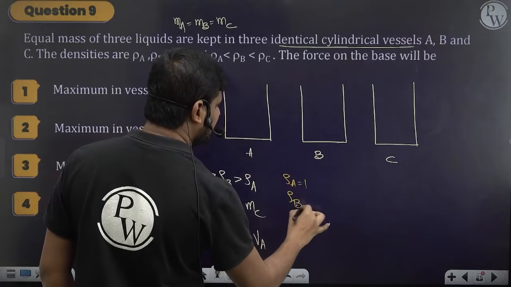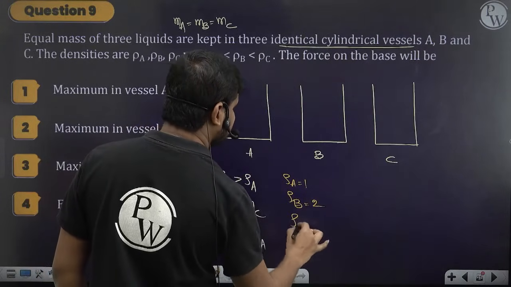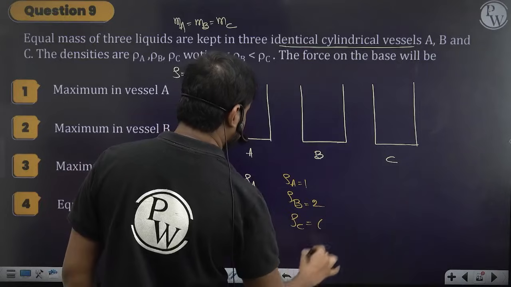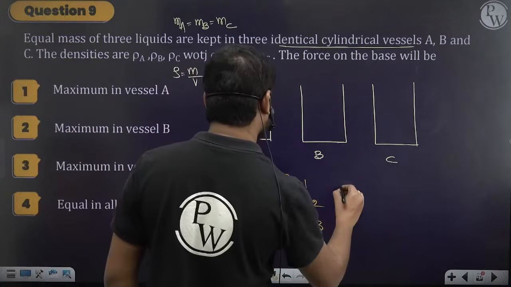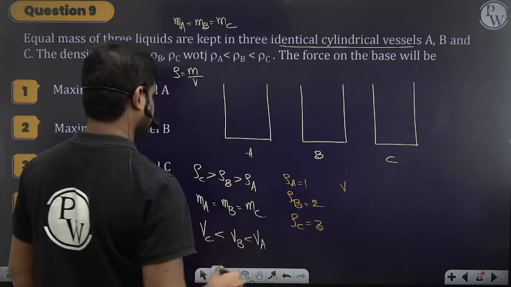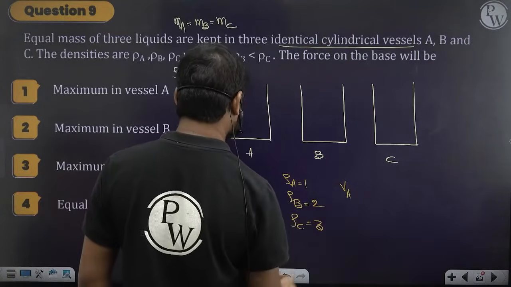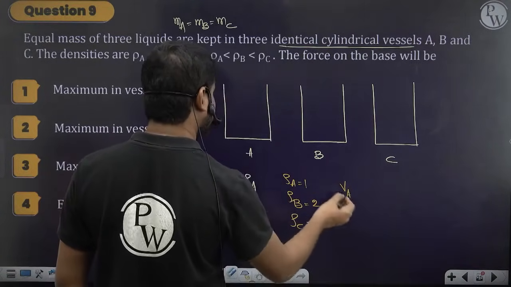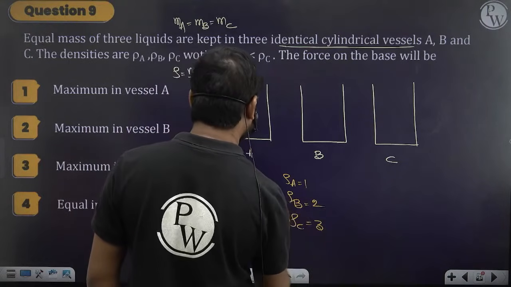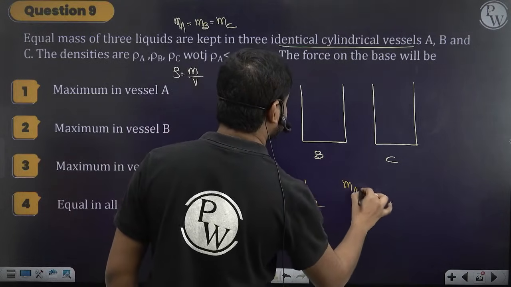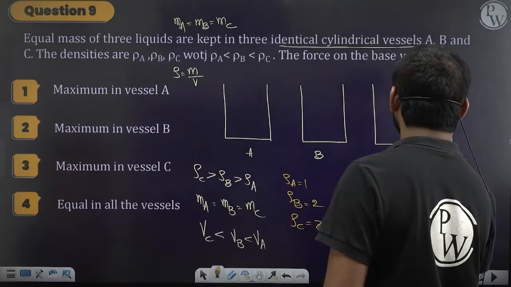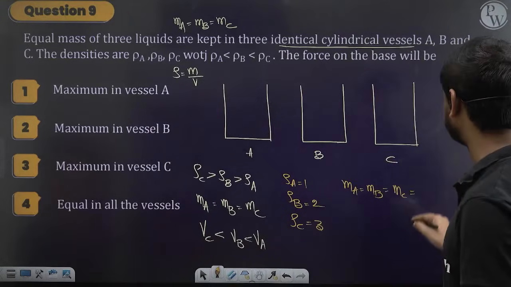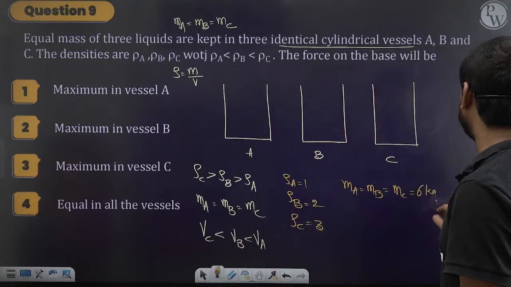Density of B, let it be 2, density of C, let it be 3. They all have the same masses, so let mass of A be equal to mass of B be equal to mass of C, which is, let's say, 6 kg.